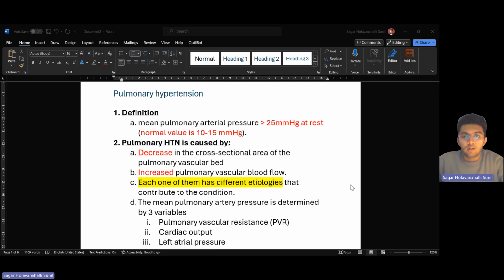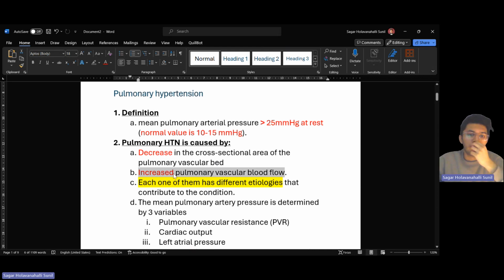Now, when there's a decrease in the cross-sectional area of the pulmonary vascular bed, or when there's an increased pulmonary vascular blood flow, okay, this specific point is very interesting. And you might wonder, if there's increased pulmonary vascular blood flow, how is it going to be pulmonary hypertension? Well, because of two reasons.